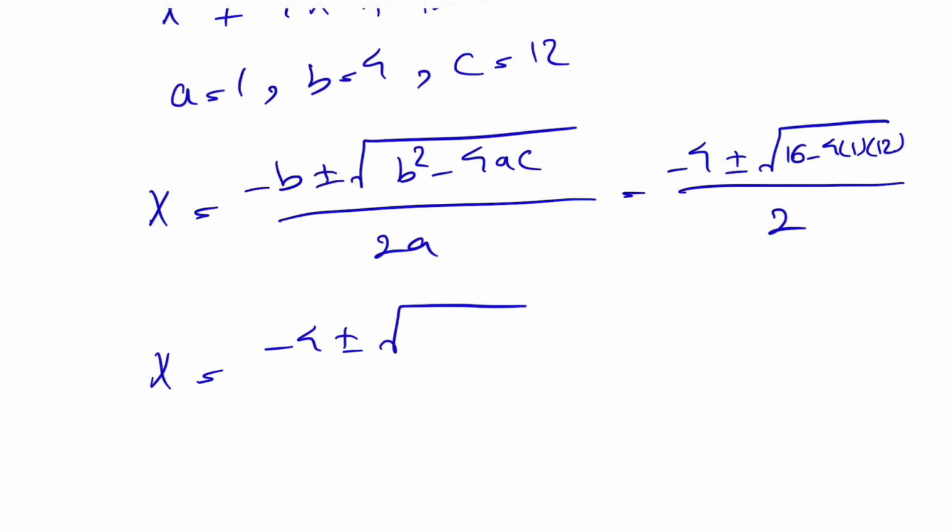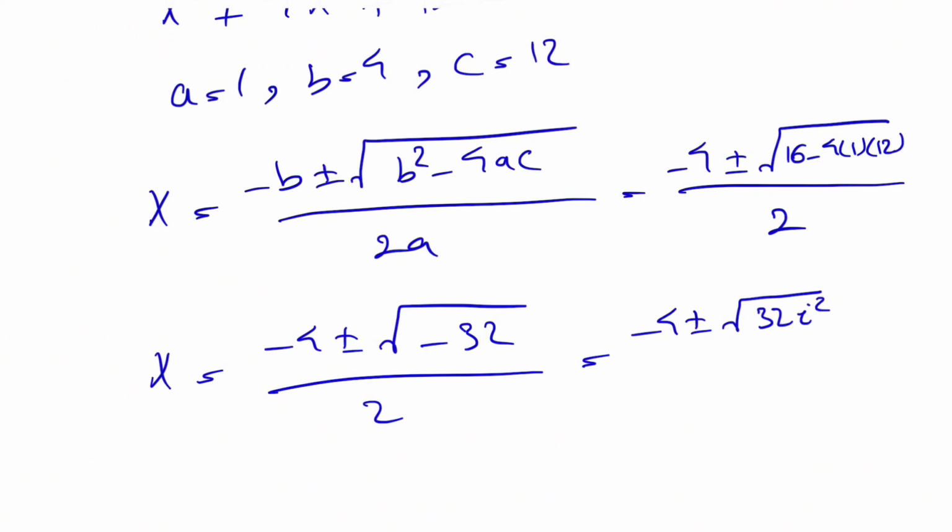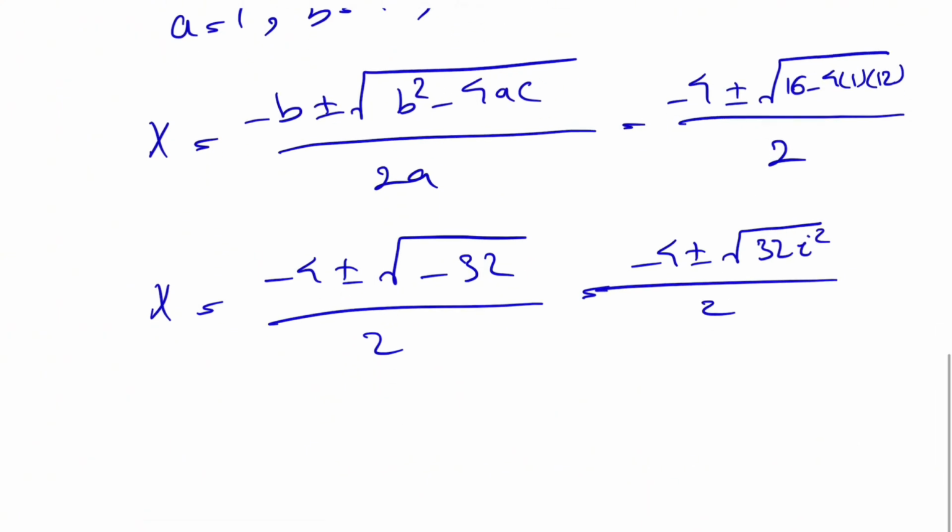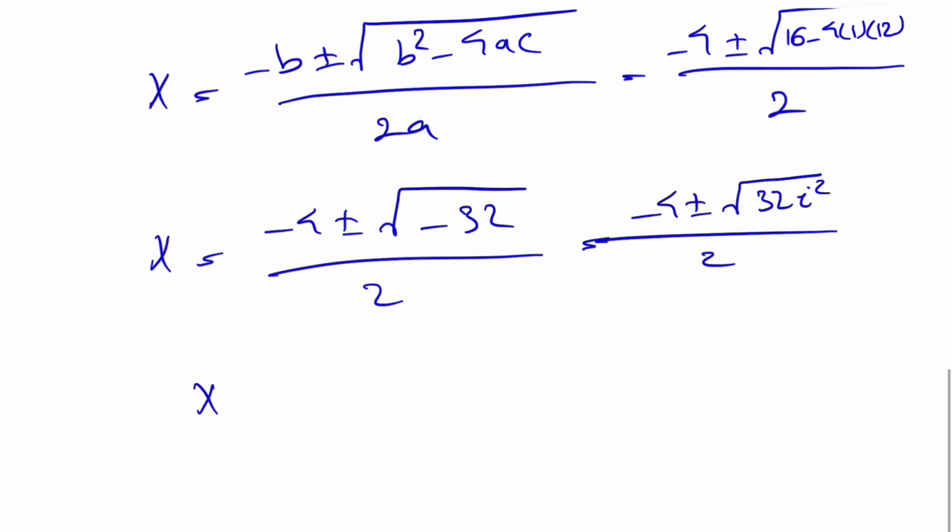So we'll have 16 minus 48, which is minus 32, so minus 4 plus or minus the square root of 32 i squared, divided by 2. And our x, so we'll have 2x, one of them will be minus 4 plus or minus i.